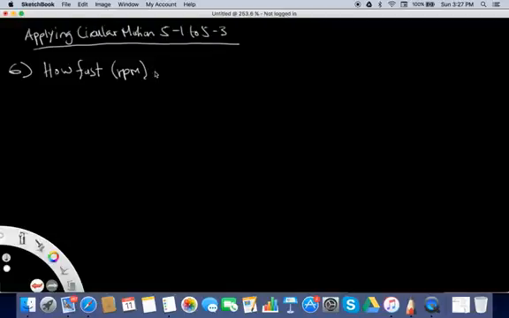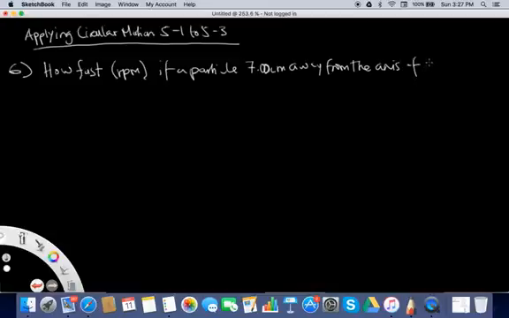So how fast must a centrifuge rotate if a particle 7.00 centimeters away from the axis of rotation.